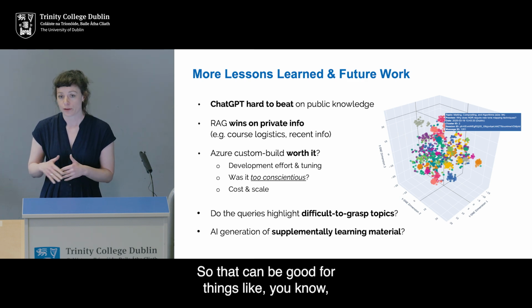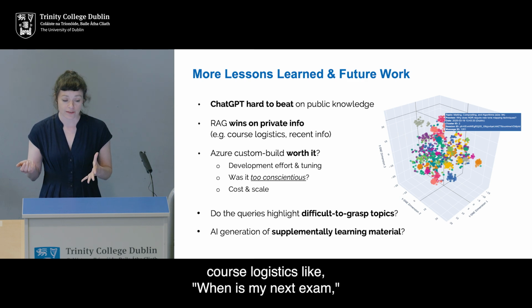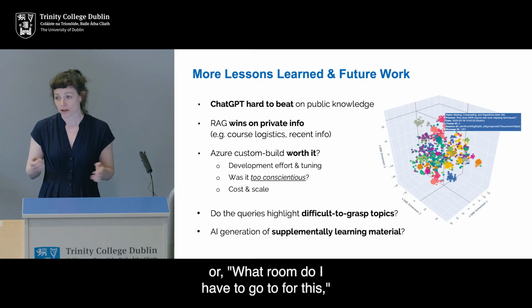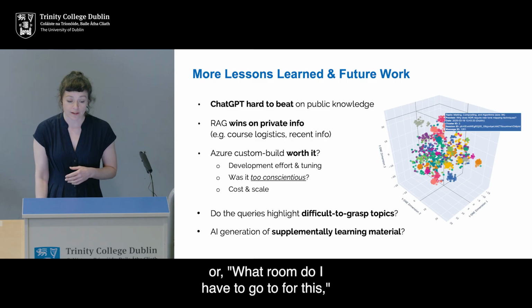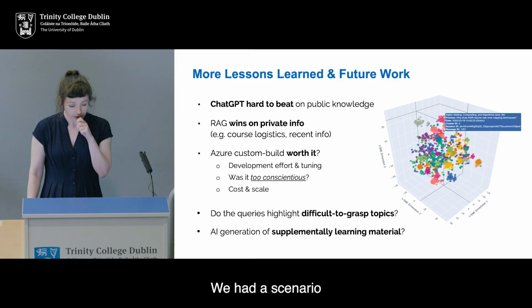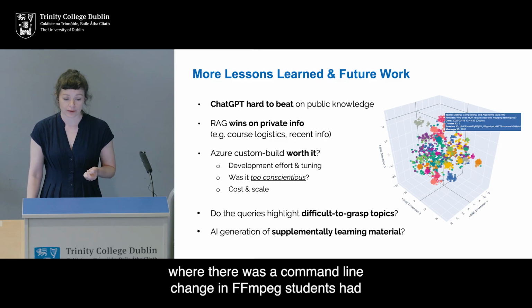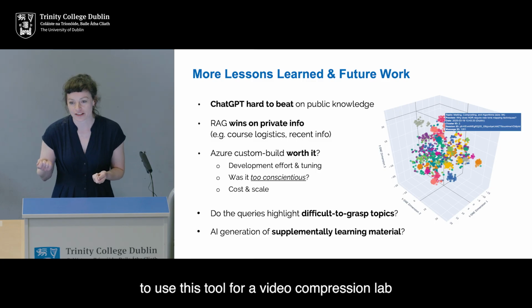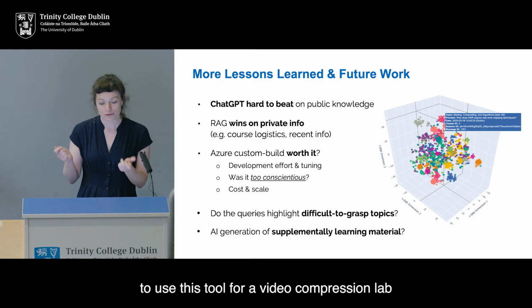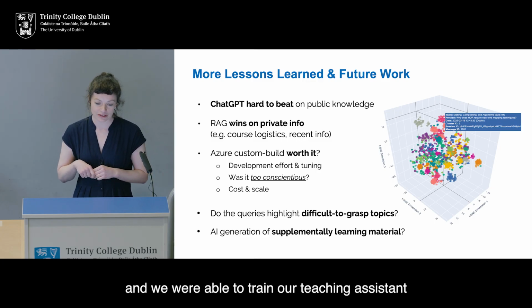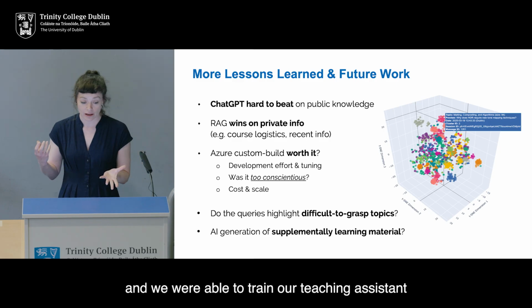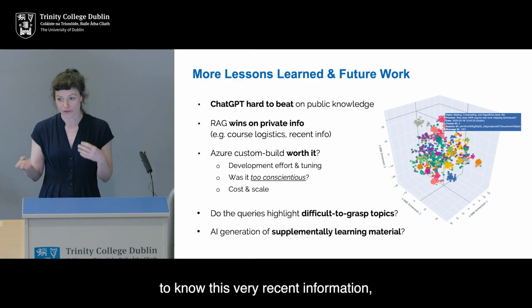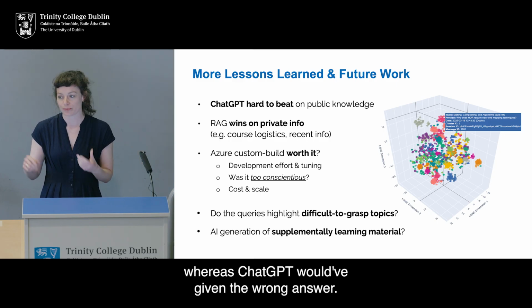So that can be good for things like course logistics, like when is my next exam, or what room do I have to go to for this, or something recent. We had a scenario where there was a command line change in FFmpeg students had to use for the video compression lab, and we were able to train our teaching assistant to know this very recent information, whereas ChatGPT would have given the wrong answer.